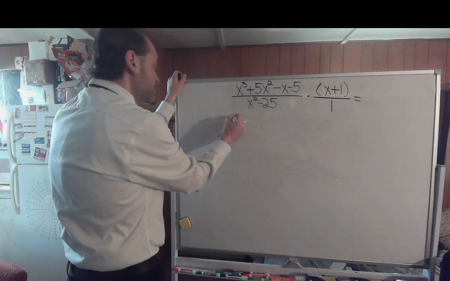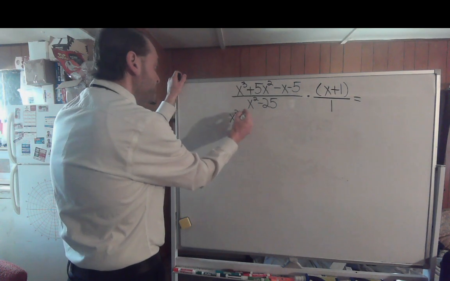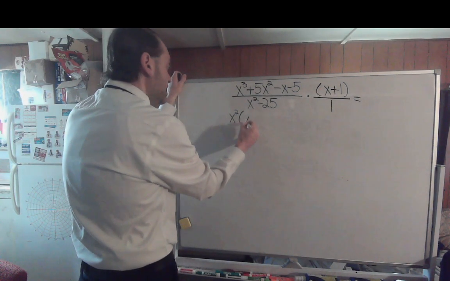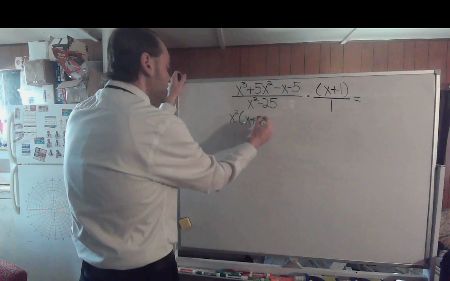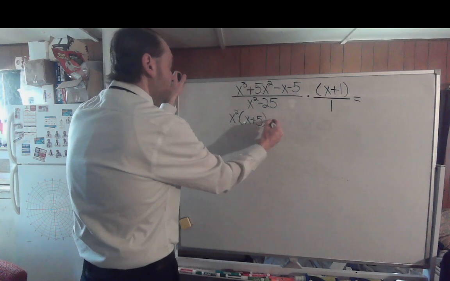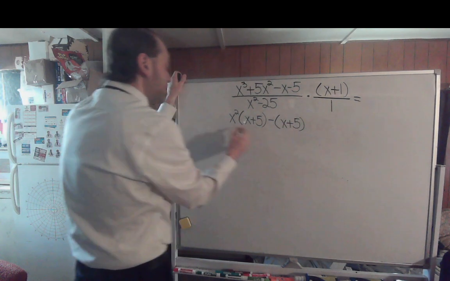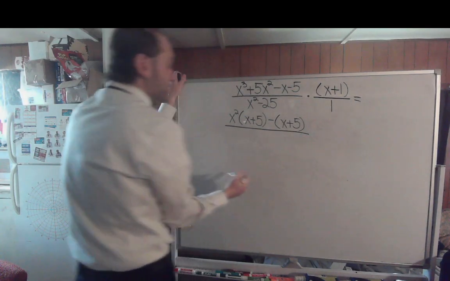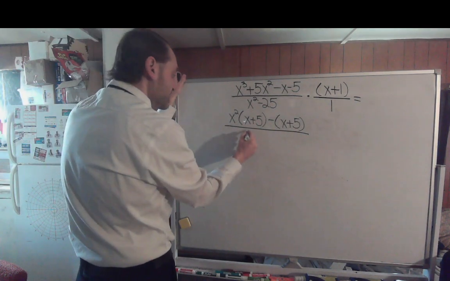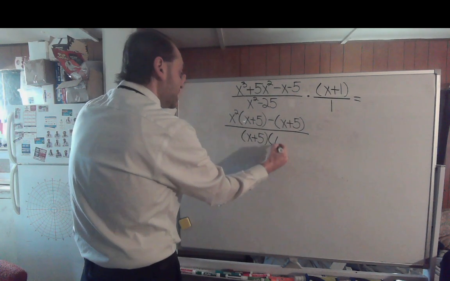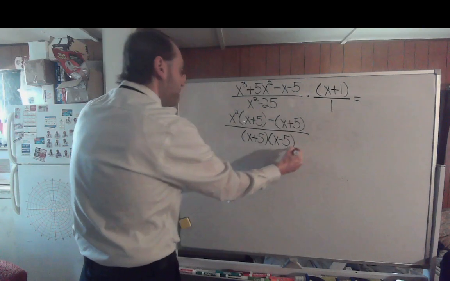So this could factor into x squared times x plus 5, then minus that x plus 5, all over your denominator, which factors into the quantity of x plus 5 times x minus 5.